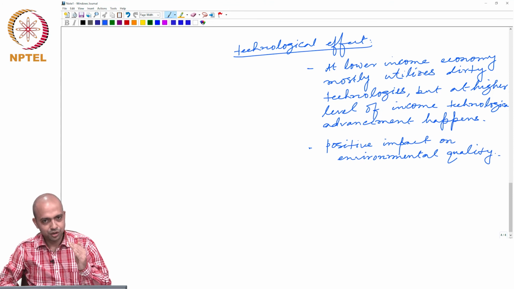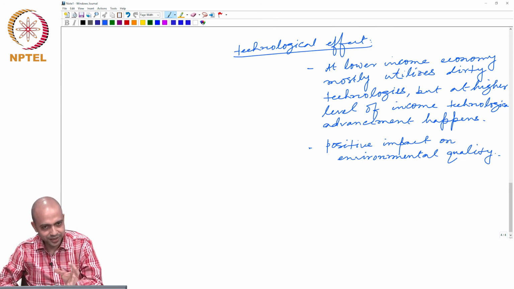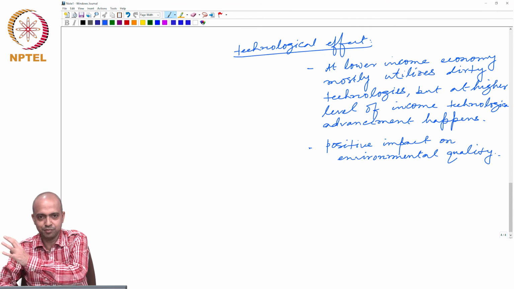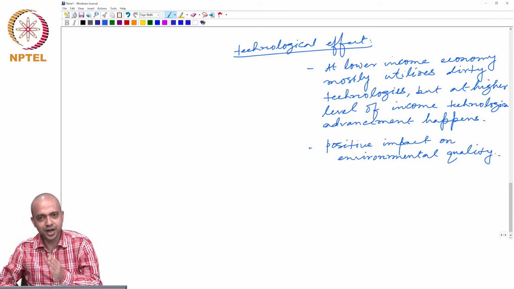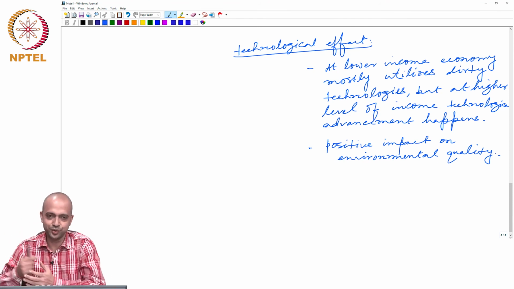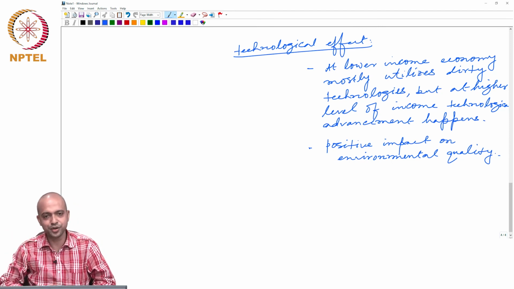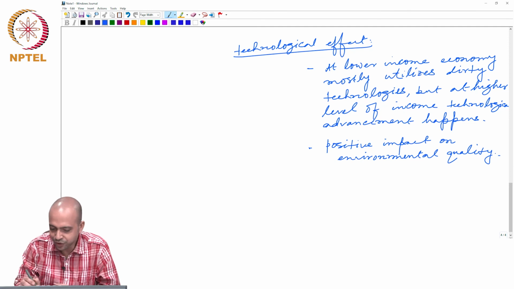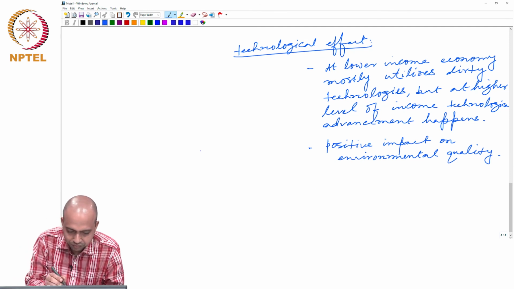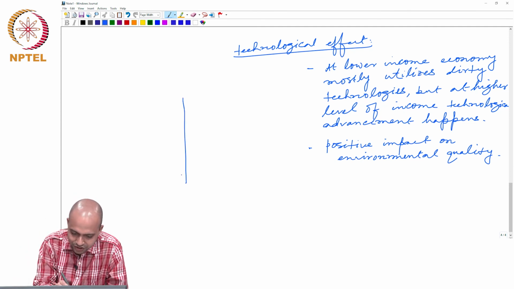Therefore, pollution per capita starts growing at a faster rate than income at the initial level, and at a higher level of income, pollution grows at a lower rate compared to income per capita, and we observe an inverted U relationship. So, I will explain once again what happens at the initial stages.